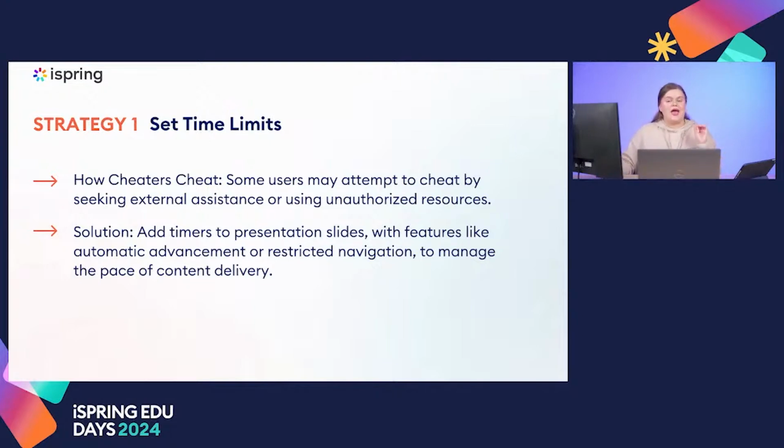The solution is to add timers to presentation and question slides, with features like automatic advancement or restricted navigation, to manage the pace of content delivery. Time limits force users to think fast, leaving less time to search for answers elsewhere. You compel learners to focus on the material, reducing the chance of distraction or consulting external sources.